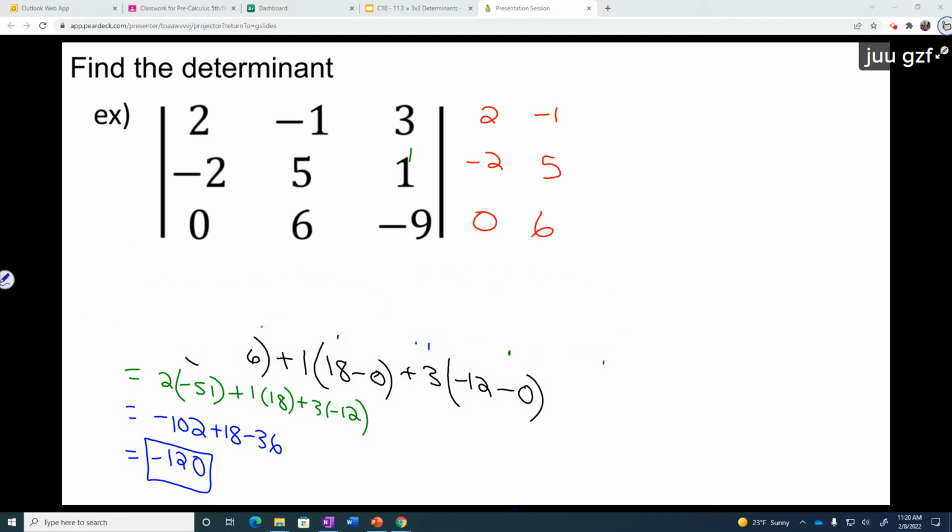And then you're going to do some diagonal multiplication. You do 2 times 5 times negative 9. So start here. It's going to be 2 times 5 times negative 9. Plus negative 1 times 1 times 0. This is the way you did it? Yeah. And then plus 3 times negative 2 times 6.